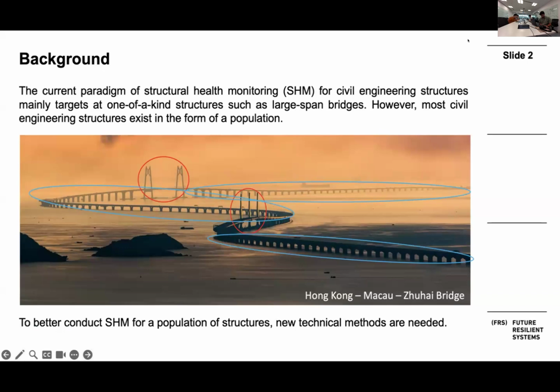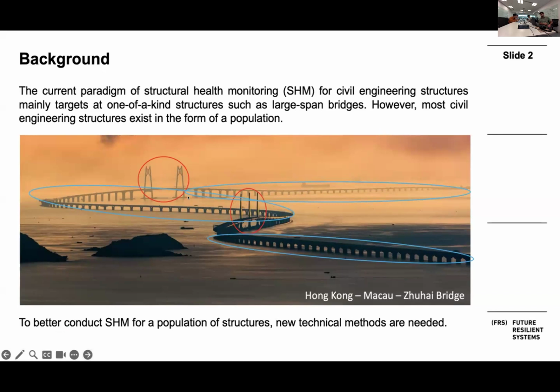As we know, structural health monitoring of civil engineering structures has become a very hot research topic in recent decades. But if we look at engineering applications of SHM on civil engineering structures, usually we only focus on very large scale structures like cable-stayed bridges.